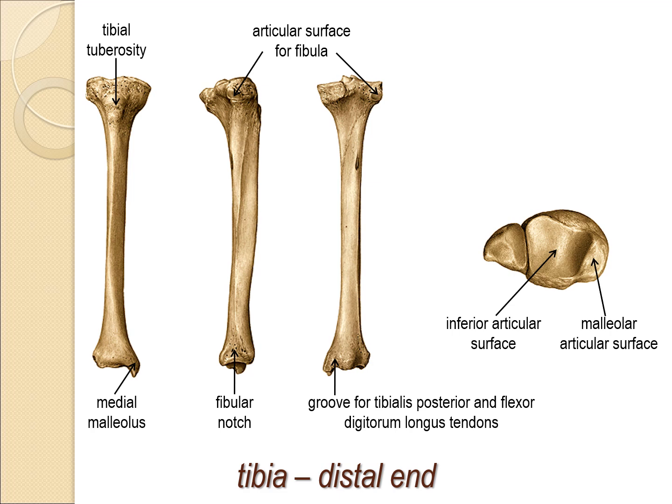The lower end presents 5 surfaces: anterior, posterior, medial, lateral, and inferior, and a downward projection from the medial part, the medial malleolus. Medial surface is subcutaneous and is continuous with the medial surface of the medial malleolus.